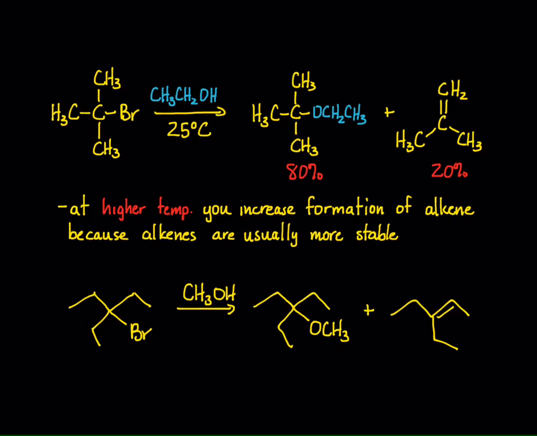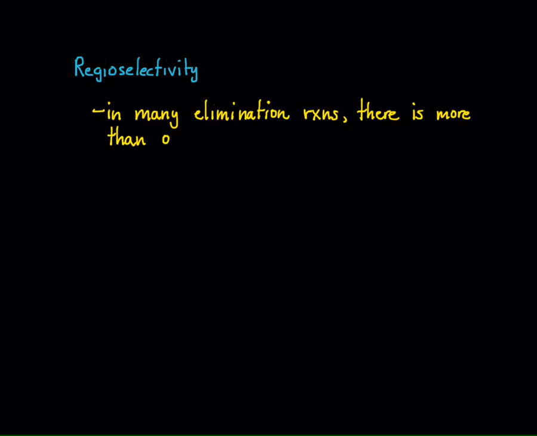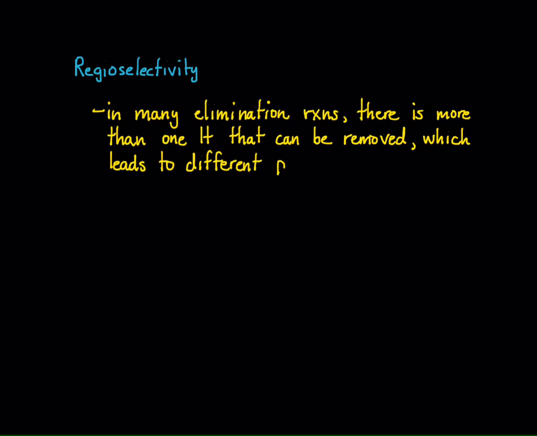But what happens if the substituents coming off of that alpha carbon are not the same? Well, this brings us to what we call regioselectivity. In many elimination reactions, there is more than one hydrogen that can be removed. And this simply leads to different product formation.